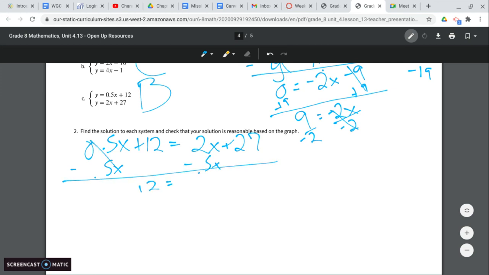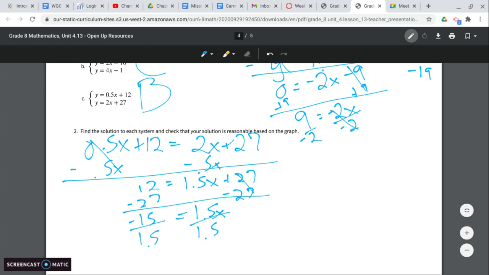So we have 12 equals 1.5x plus 27, minus 27. 1.5x equals, we're going to take 12 and subtract 27 from it to get -15. Divide by 1.5, divide by 1.5, and that's going to give us a -10. So x is -10.